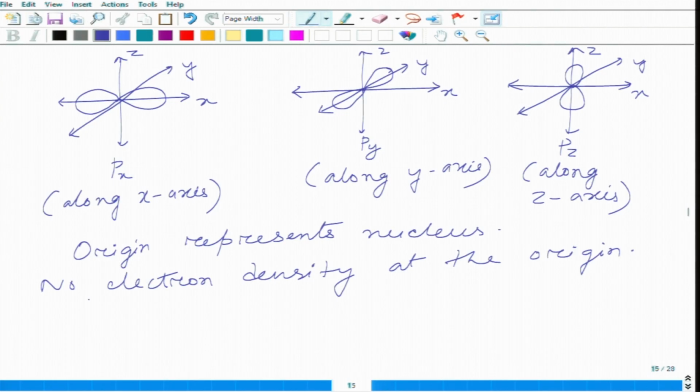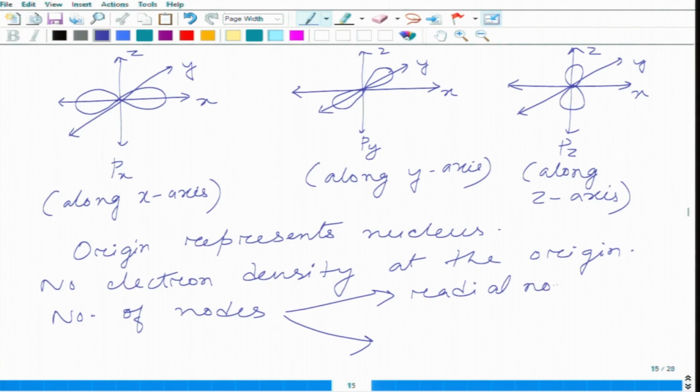Now, what are the nodes? There are 2 types of nodes possible: one is the radial node and one is the angular node. For the s orbital, only one type of node was there.